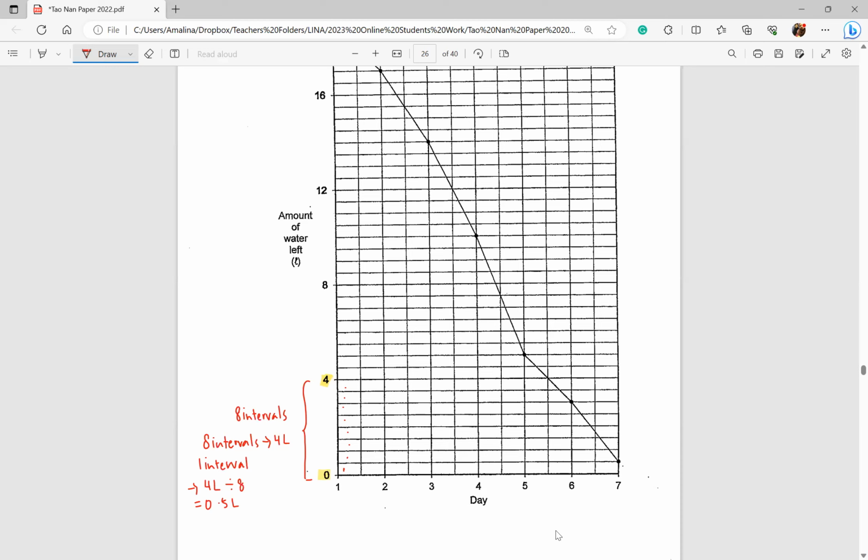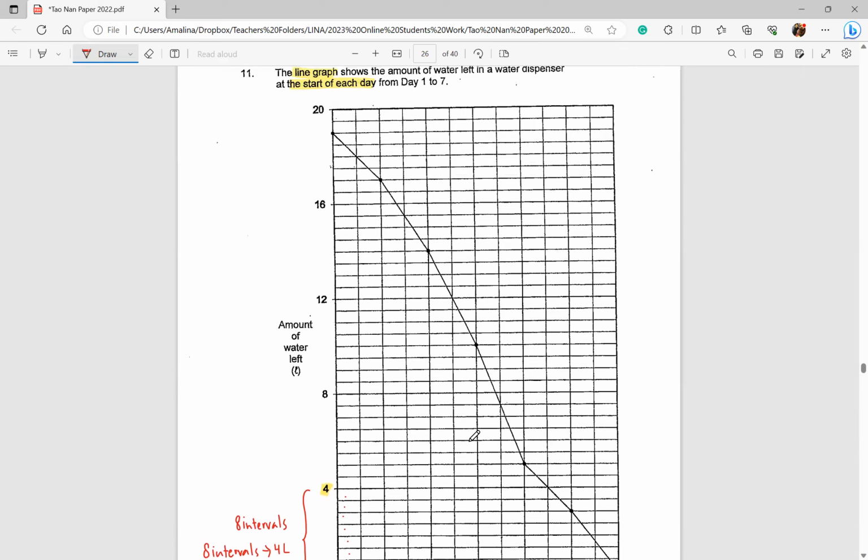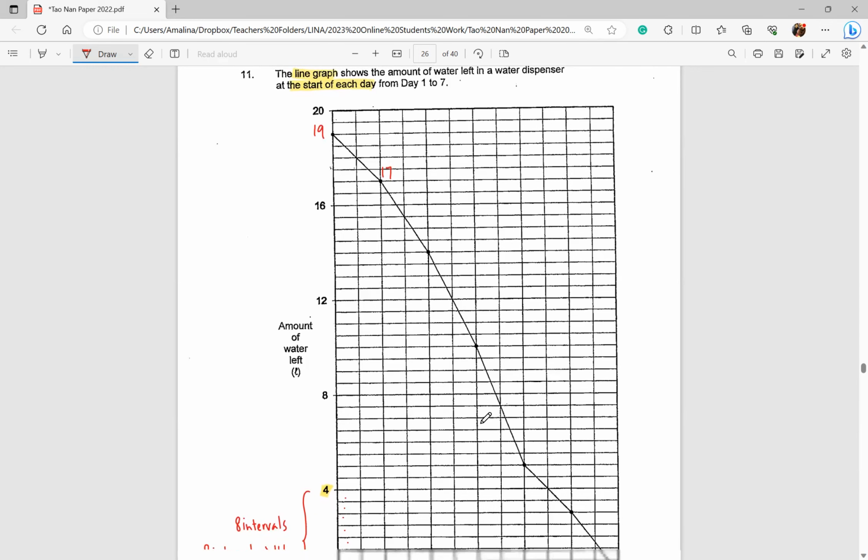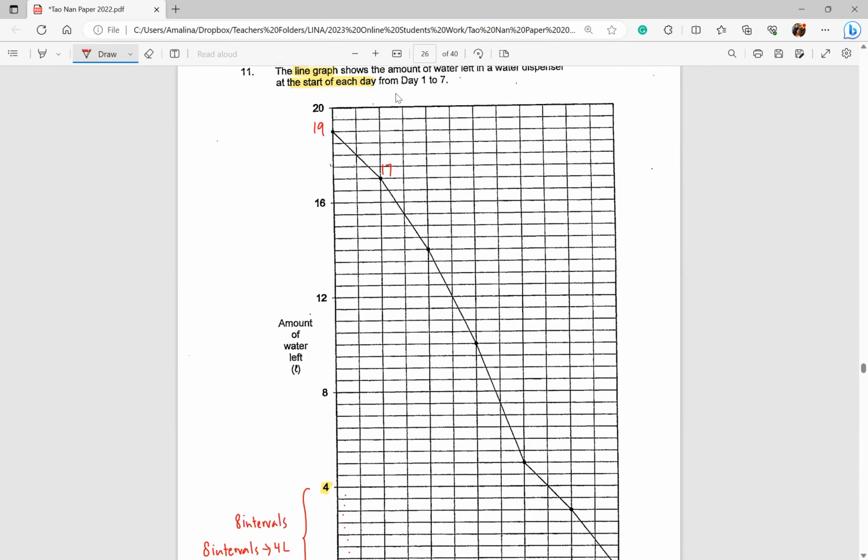So that's the first thing you have to bear in mind before you jump straight to find your data points. If I look at the first data point for day 1, it's 2 intervals below my 20, which gives us 19. Then the second one is 16.5, 17. The third one, this is 12.5, 13, 13.5, 14.